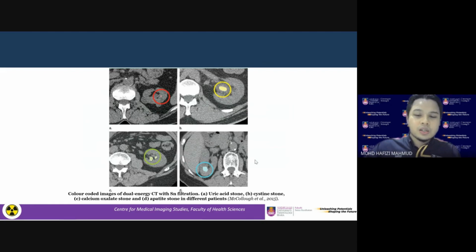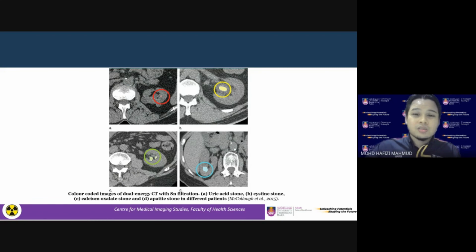This one I took from McCollough 2015. It is an in vivo study from patients. In this study they applied dual energy CT with thin filtration.